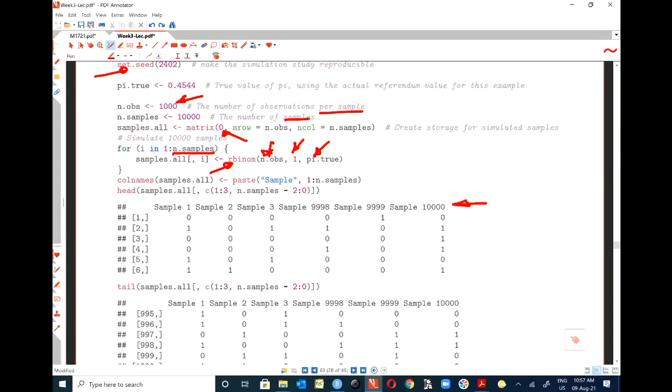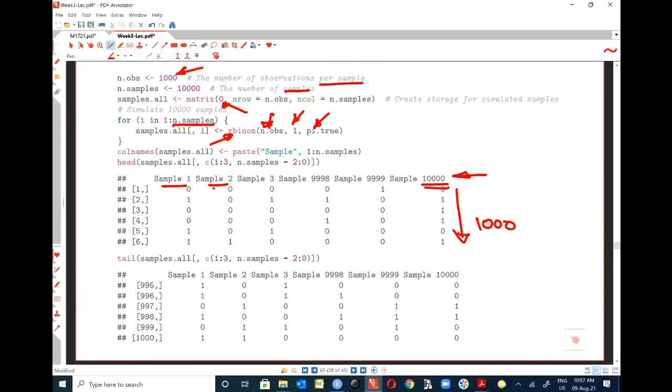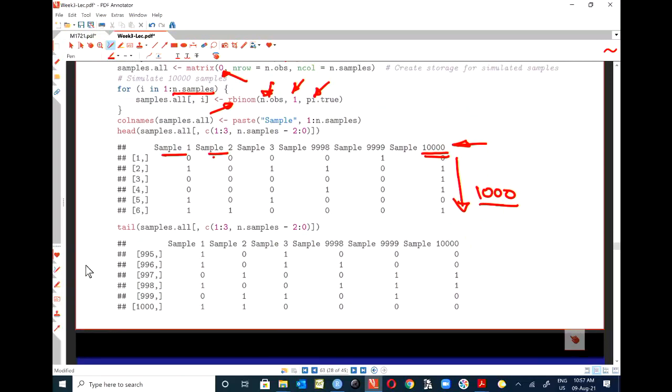This is my sample number 1, sample number 2, all the way to sample 10,000. So going down this way, I'll have 1,000 observations, and across I've got 10,000 samples altogether. If I look at the mean of each of those columns, I'll have the mean of 1,000 observations. In other words, my proportion is based on 1,000 observations here.